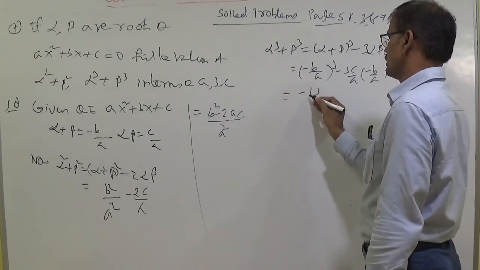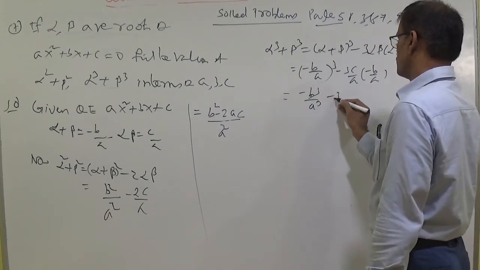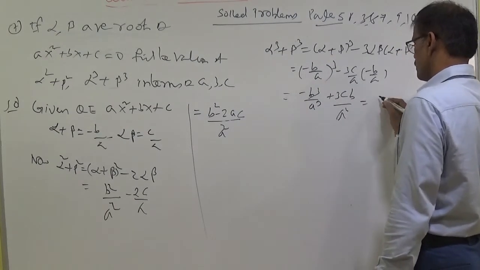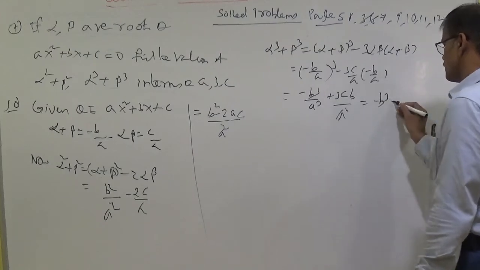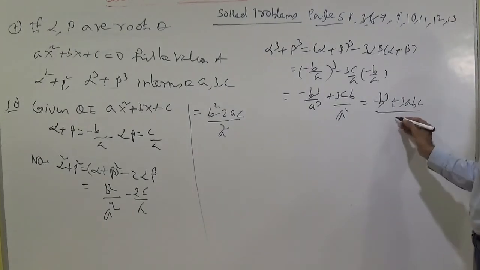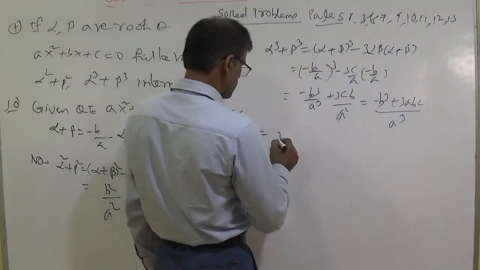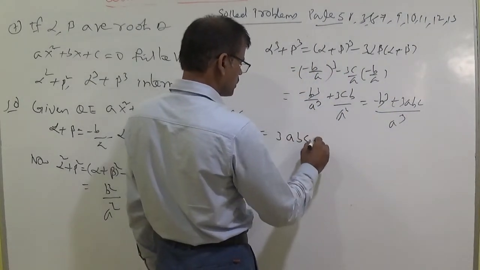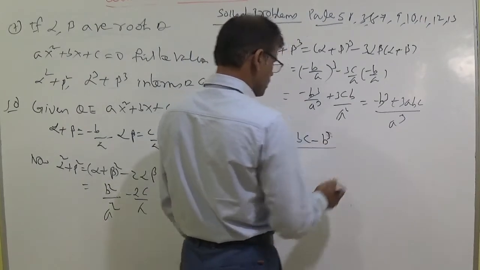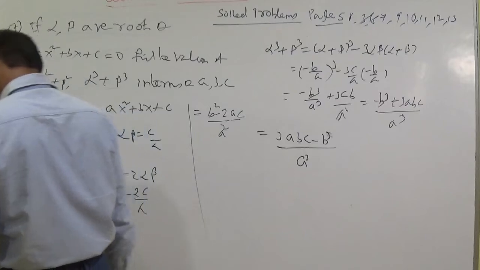This can be written as minus b cube by a cube plus 3bc by a square. By taking LCM, you can write minus b cube plus 3abc by a cube. So in terms of a, b, c, the value of alpha cube plus beta cube is 3abc minus b cube by a cube.